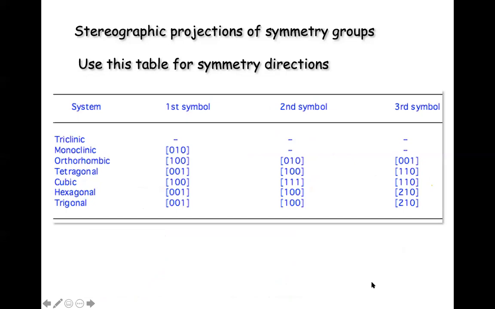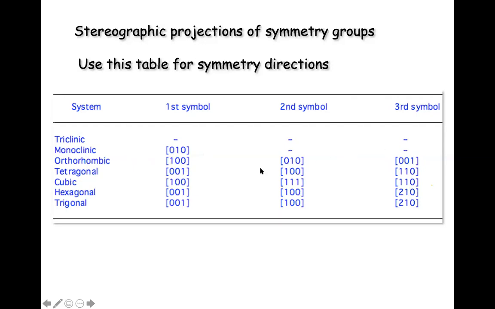Now, stereographic projection of symmetry groups. Use this table for symmetry direction. If it is triclinic, you can use the directions, mostly the B axis. Monoclinic is 0, 1, 0, the standard unique axis. Orthorhombic, when you have the first symbol, is 1, 0, 0, 0, 1, 0, 0, 0, 1.